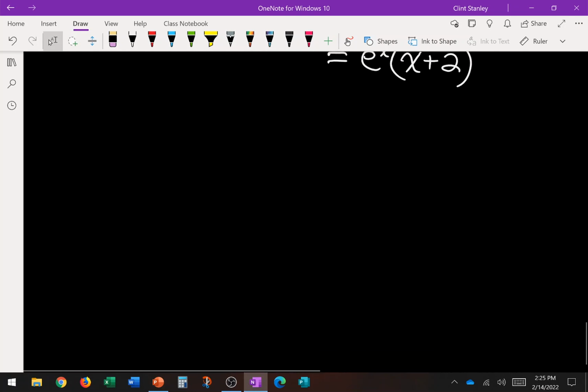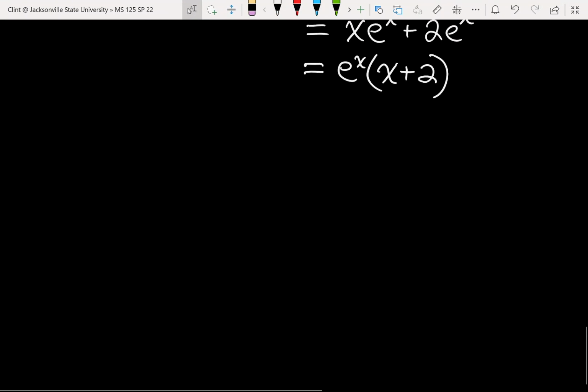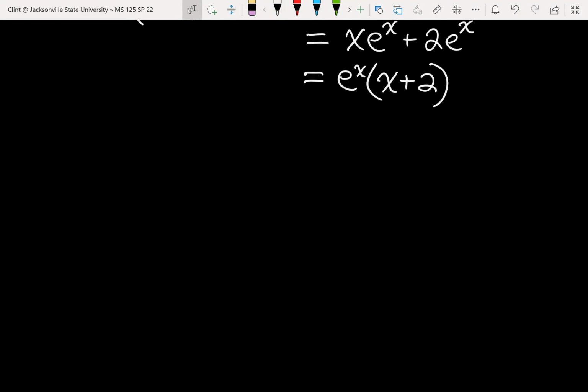Let's do some examples here. So this one we're going to do two ways, because sometimes you have a choice. You can either do some algebra on the front end and then use a power rule, or you could jump straight to doing the product or the quotient rule.